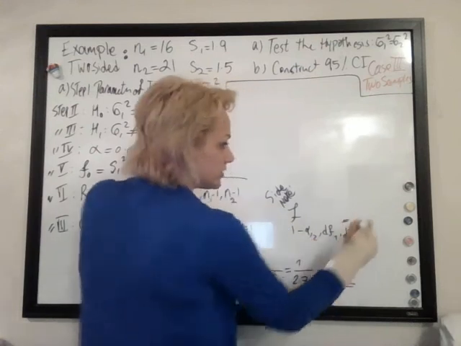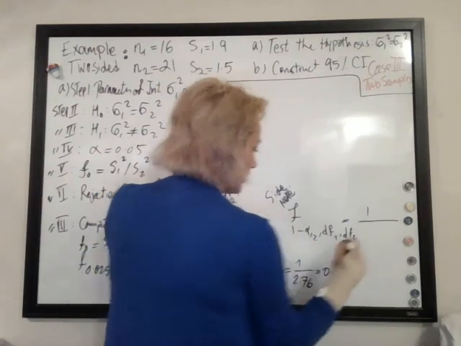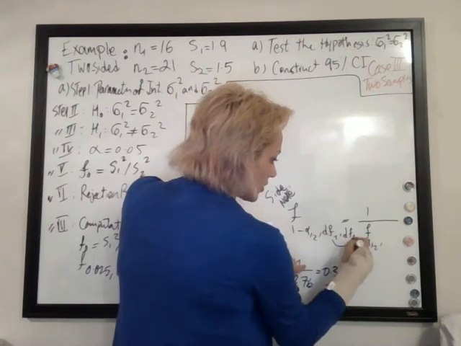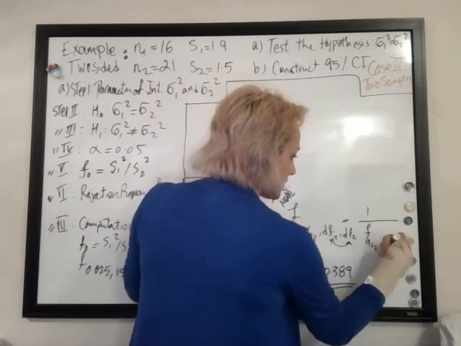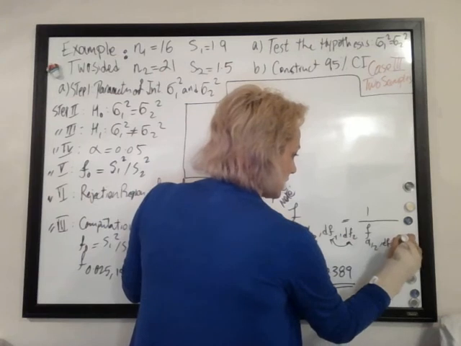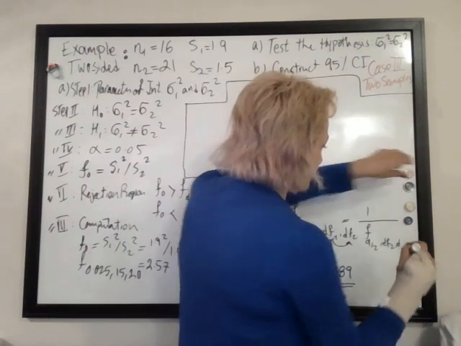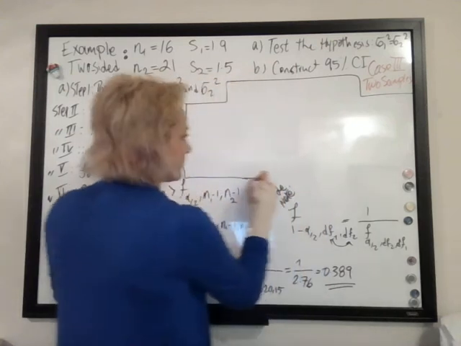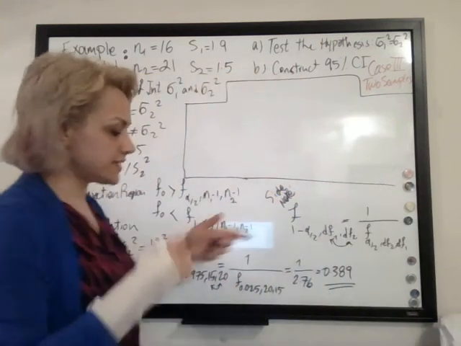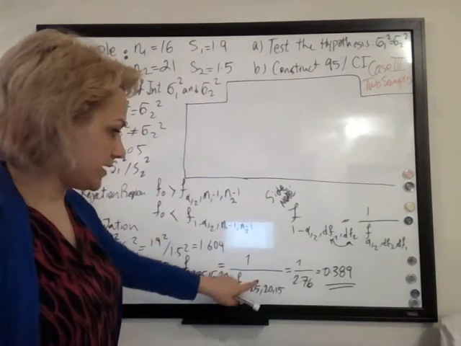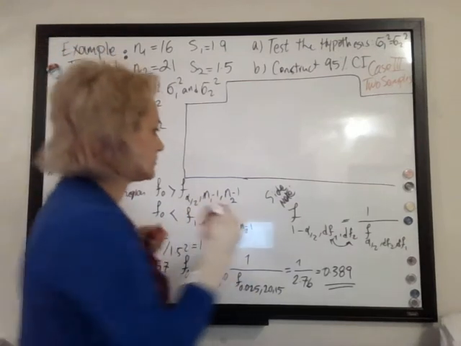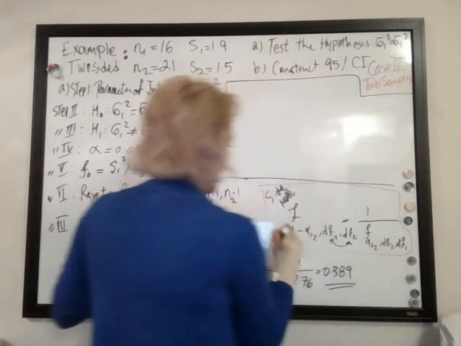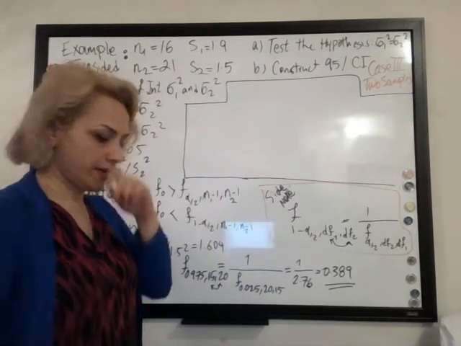It's equal to 1 over F at half of the alpha. So you're going to switch these two, whatever it is, df2 and df1. So this is the equation that we used here, which is very helpful. Okay?